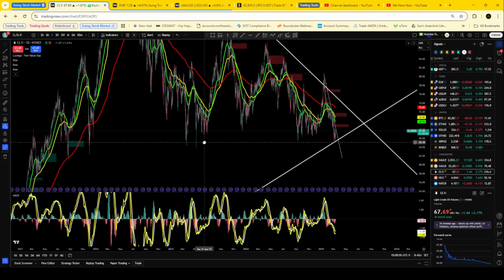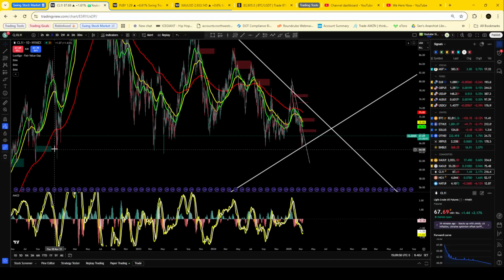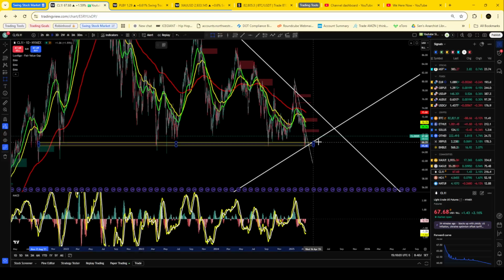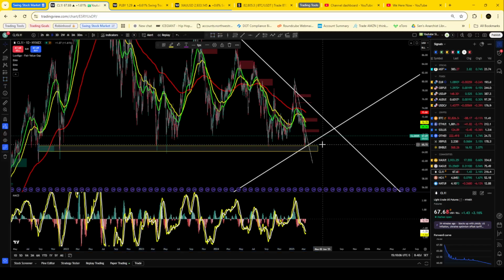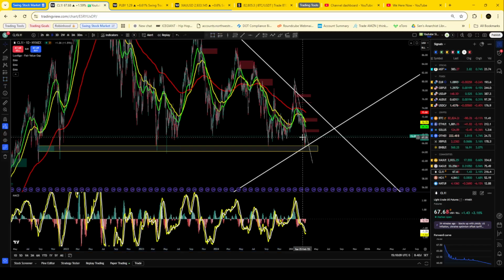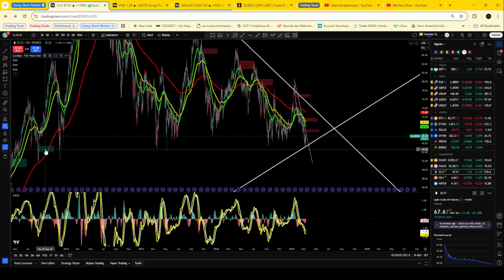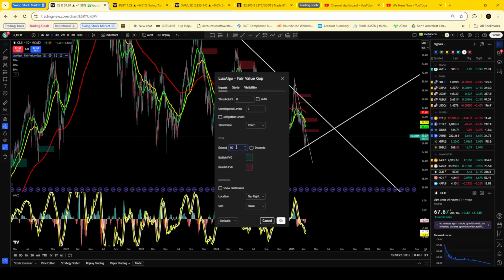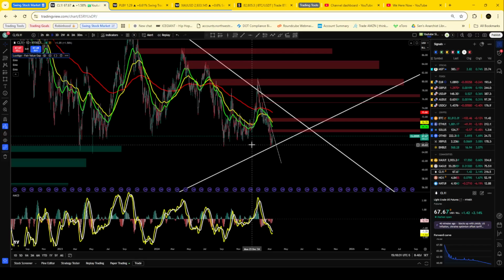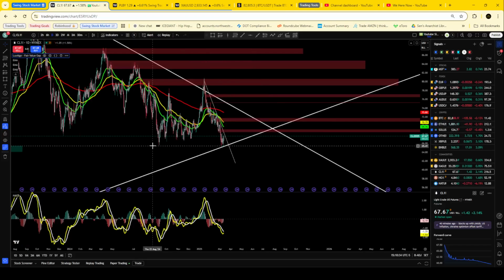I would have to come out this far just to see, and then draw my own little box just to see that it was a fair value gap. This is why I say you don't have to have the fair value gap indicator. It just helps because you don't have to draw and delete the drawings all the time. So this is why I chose the 500, because I don't have to move out so far. I can see it right there.